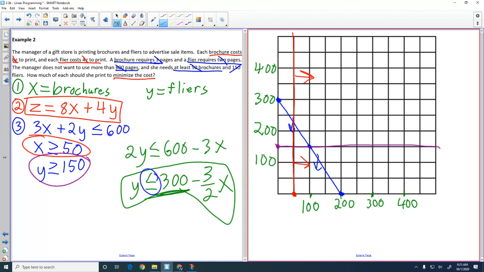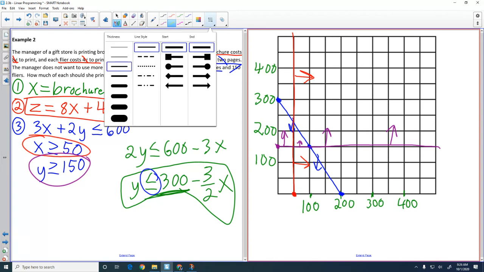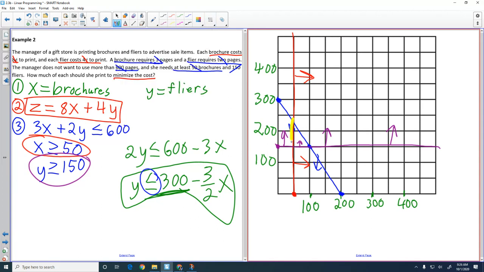Anyone agree with him? Greater than means above, right? So we shade above this line. Above, above, above. And you see there's a very tiny region of our triangle right in the middle that's going to have the shading from all 3 of these. There, there, there.